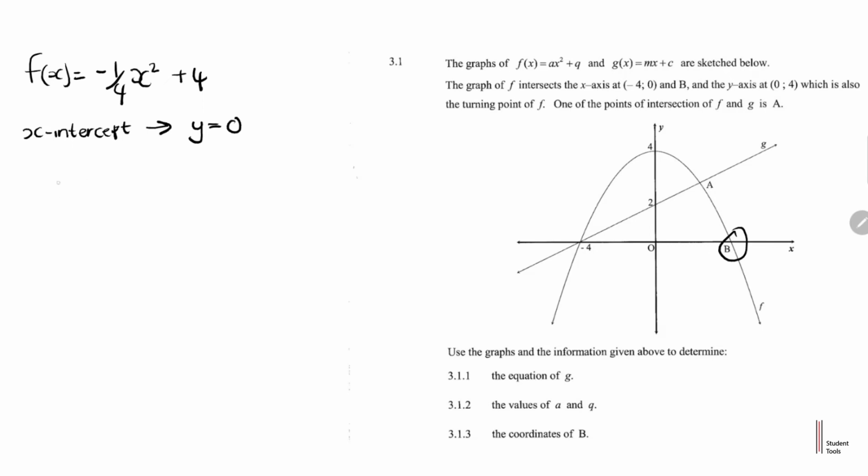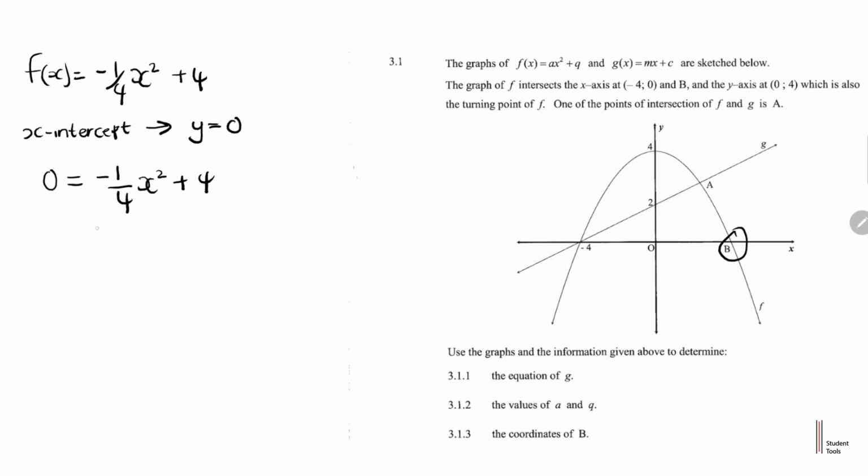So now let us do that so that we can find the other x-intercept of f. So here that means 0 will be equal to negative 1 over 4 x squared plus 4. So we made y equal to 0, or f of x equal to 0, because f of x and y is the same thing. Now we have to solve for x. So to solve for x here, we'll first take negative 1 over 4x squared from the right hand side to the left hand side.